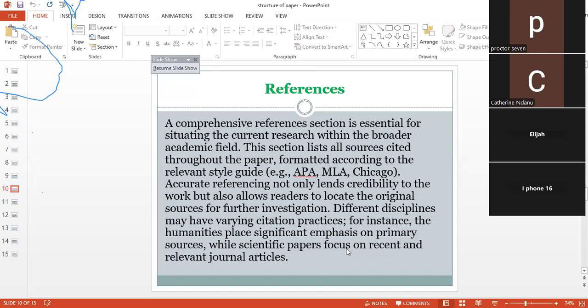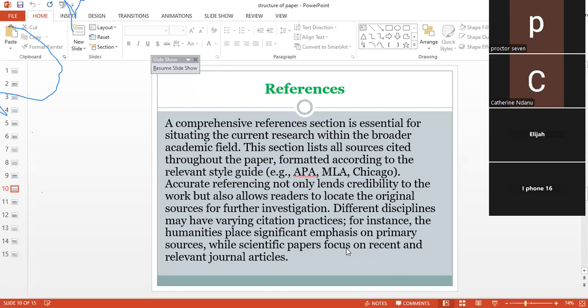Different disciplines may have varying citation practices. For instance, the humanities place significant emphasis on primary sources, while scientific papers focus on recent and relevant journal articles. So when it comes to you people in the sciences, they want currency. They want current articles, but always ensure you acknowledge the work cited from, on the last page, and you call it references.